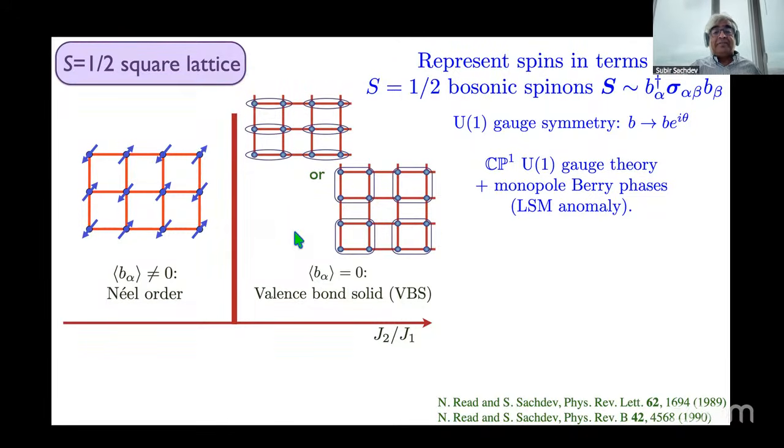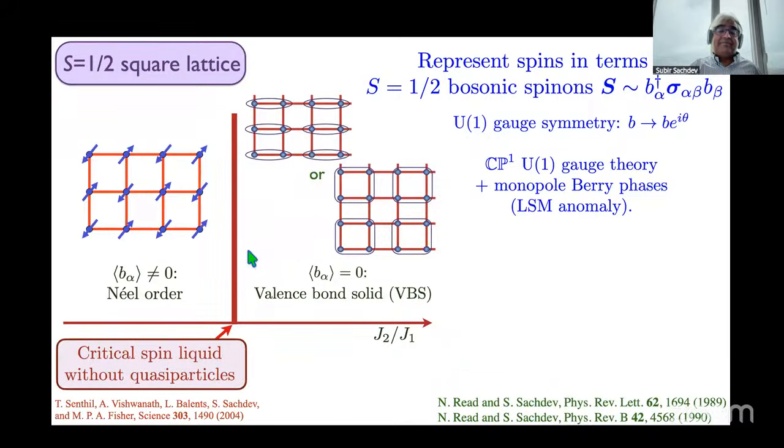So near the phase transition, which in fact is nearly critical or exactly critical, depending on whose simulation you look at, and really quite a bit distance away from it, it's a critical spin liquid, which is described by a conformal gauge theory. All right, so this is the picture that's been developed of the square lattice spin liquid.